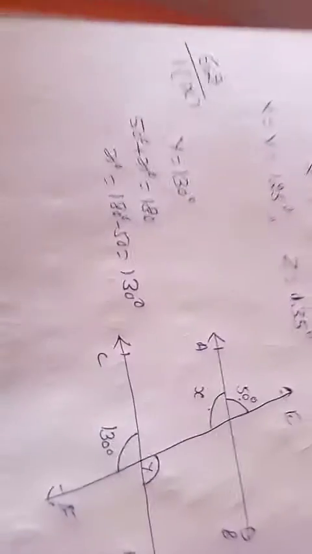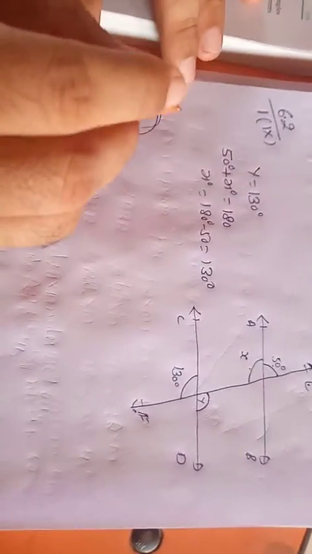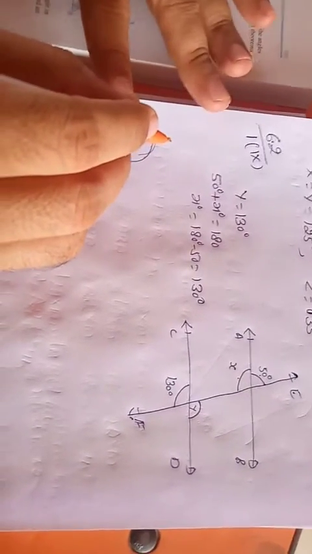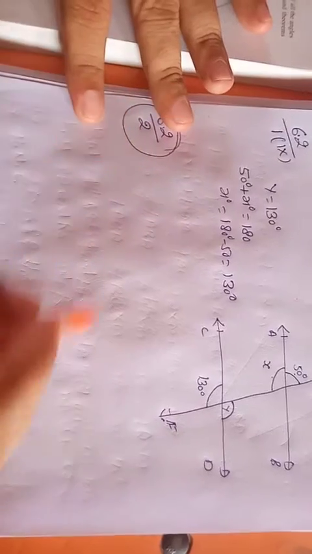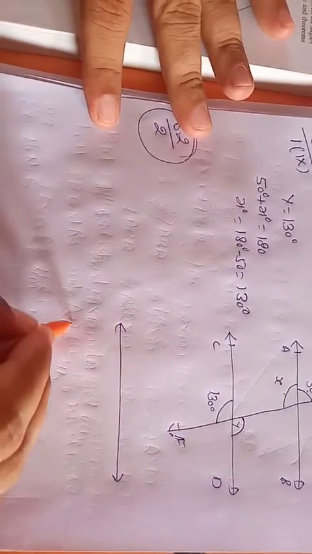Similarly, second question given. AB is parallel to CD, CD is parallel to EF. It's given. It means all are parallel to each other.